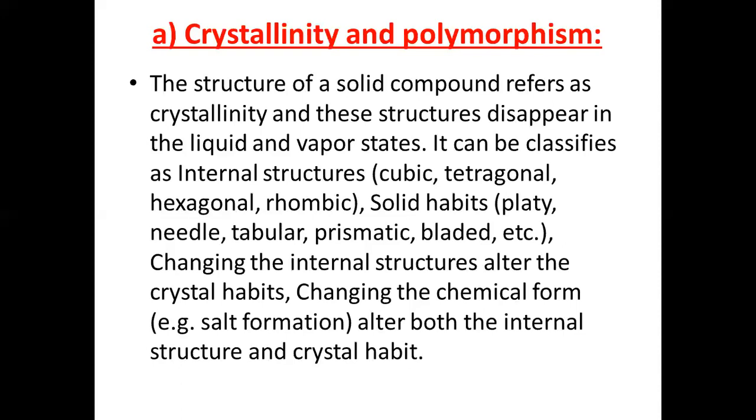And this point is important: if the internal structure is changed from cubic to tetragonal, rhombic, and so on, it may also alter the crystal habit, the overall appearance, like tubular, prismatic. And changing the chemical form, like salt formation, also alters both the internal structure and the crystal habit. It means that all these properties are interlinked with one another.